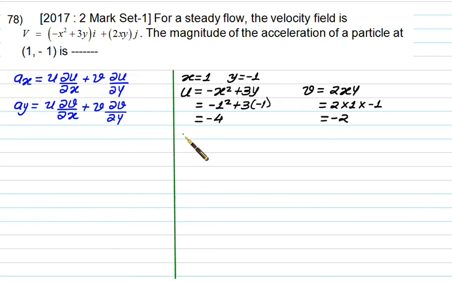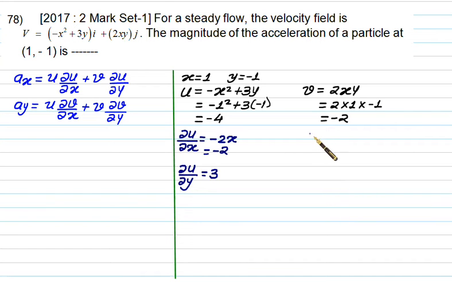Then we'll take the partial derivative of u with respect to x. That is -2x, which will be -2 × 1 = -2. We also require the partial derivative of u with respect to y. That is the derivative of -x² + 3y, which is the constant term 3.